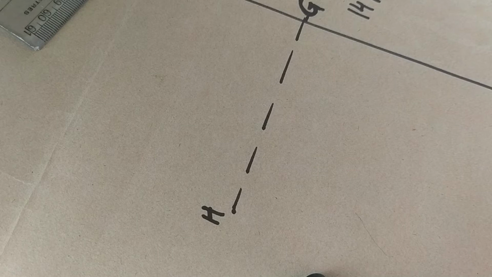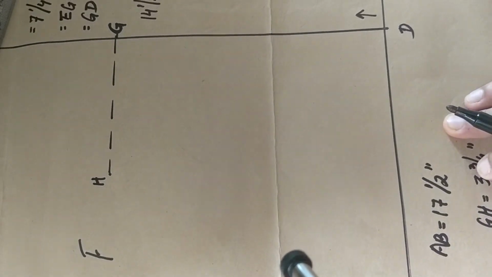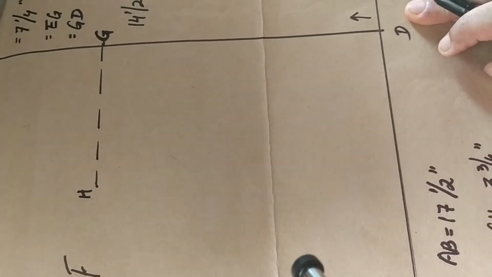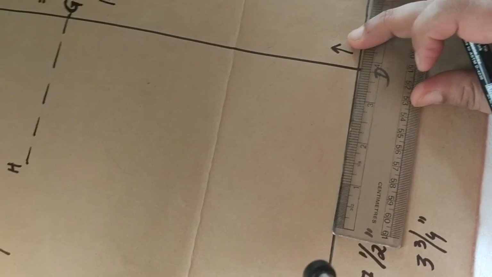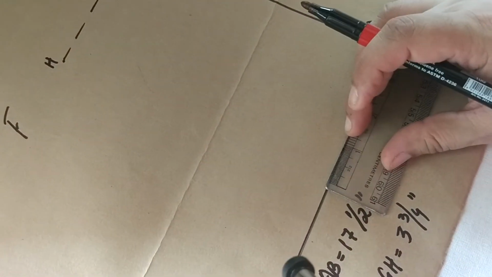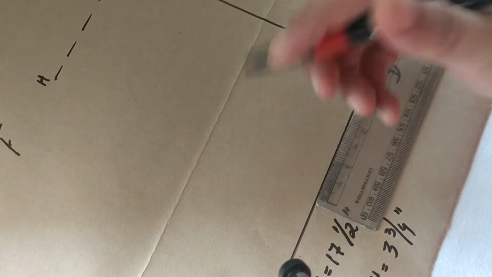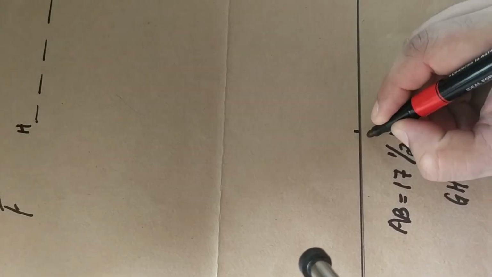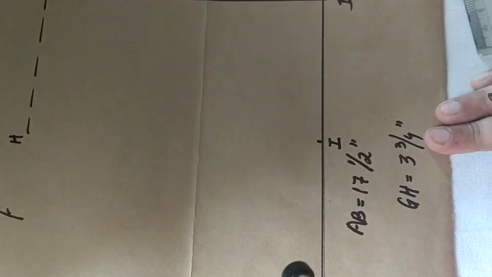After marking H, the next step is to mark the same level at the waist. So this is my waist level. This BD is my waist level. So I have to measure again 3 by 4 inches from D, and I will mark this point as I. There are two ways of doing it. I'll explain both of them to you. Let me label this as I here.